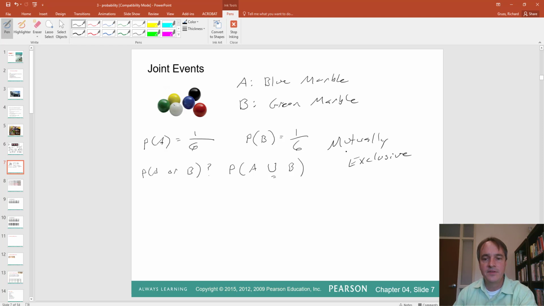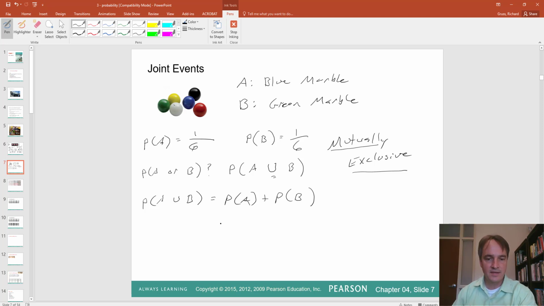So this property, mutual exclusivity, makes it fairly easy to calculate this joint probability. So the probability of A union B here is just going to be equal to the probability of the first one plus the probability of the second one.